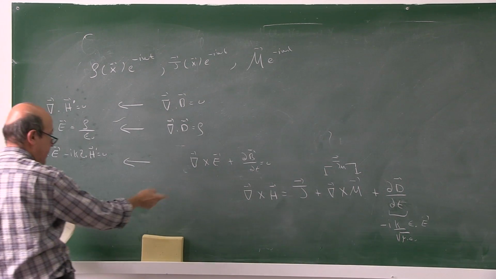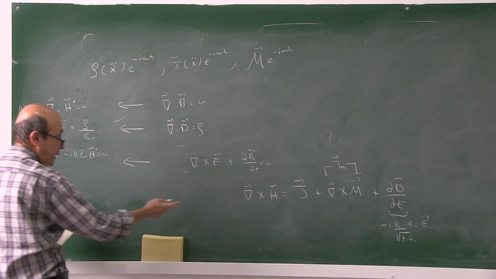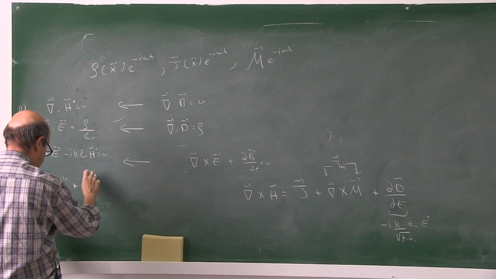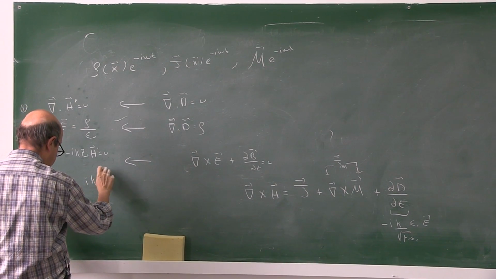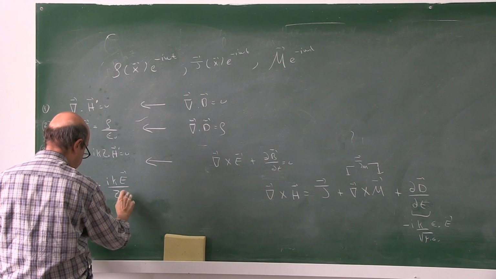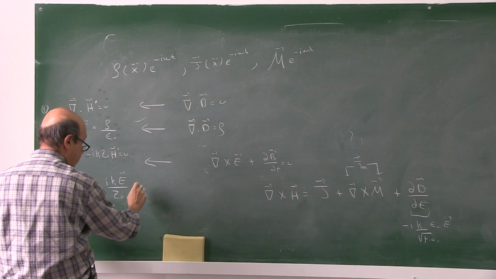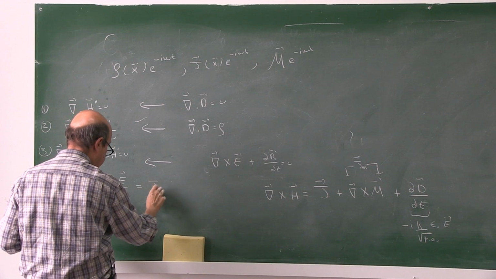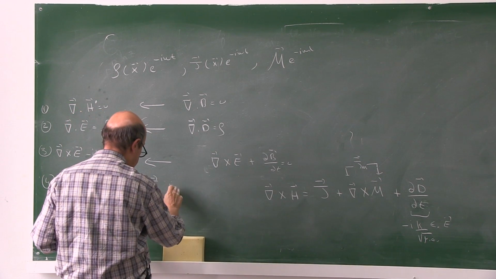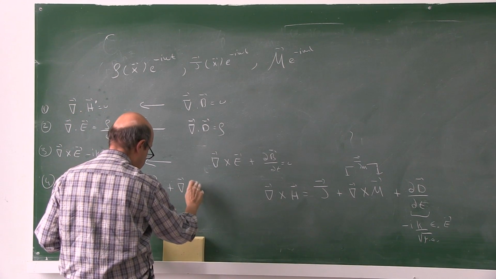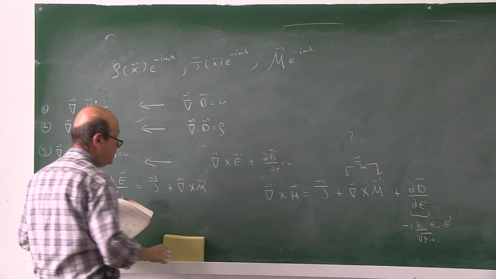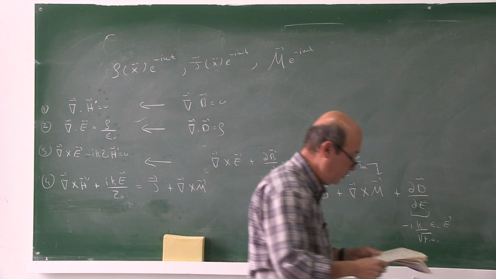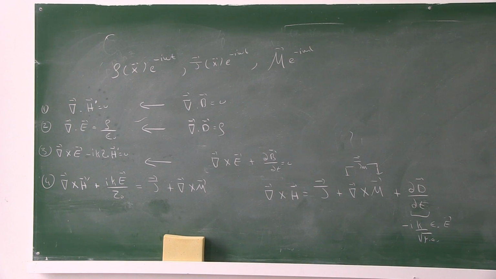I am saying that H is H prime in a moment. Take the stuff to the left, that will be plus IK E now divided by the impedance of the free space, and the leftover terms are the free current density plus the magnetization current density. Now I will start to play with these equations and form the wave equations.